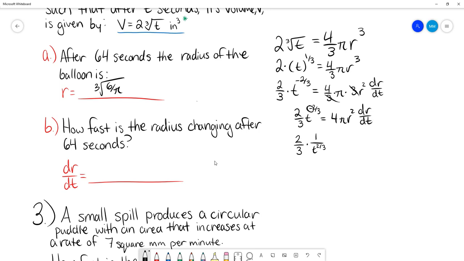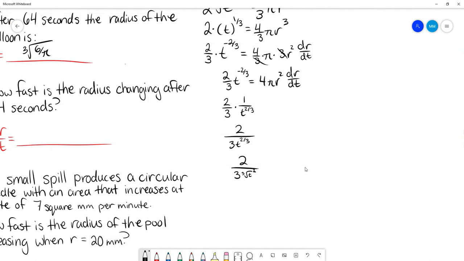To get rid of the negative in that exponent, which then turns into 2 over 3t to the 2/3, which is then also just 2 over 3 times the cube root of t squared, because our exponents are fun that way. And of course, all of this is equal to dr/dt. Just kind of carry that down because it's all equal there as well.